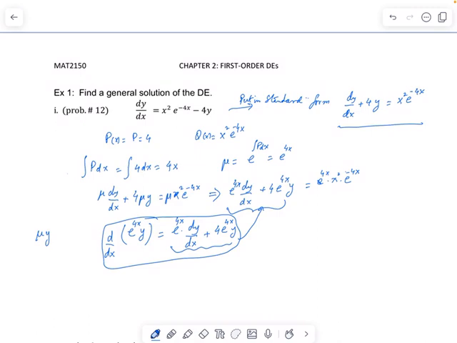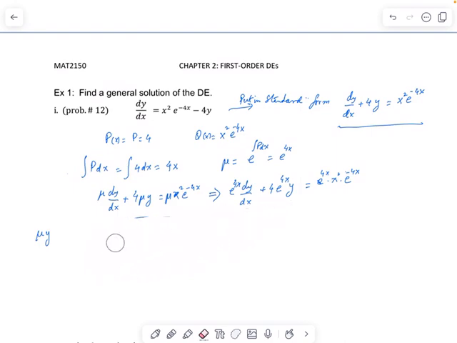So I'm going to erase this and write the left hand side as d by dx of e to the 4x, which is mu, times y, and is equal to, now you can see on the right hand side, the e to the 4x and e to the minus 4x give us 1, and we are left with x square only.